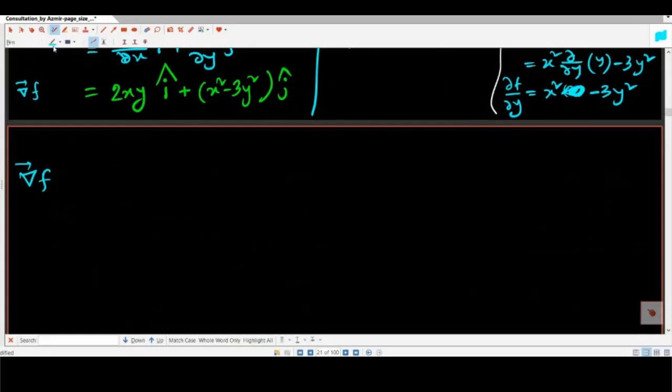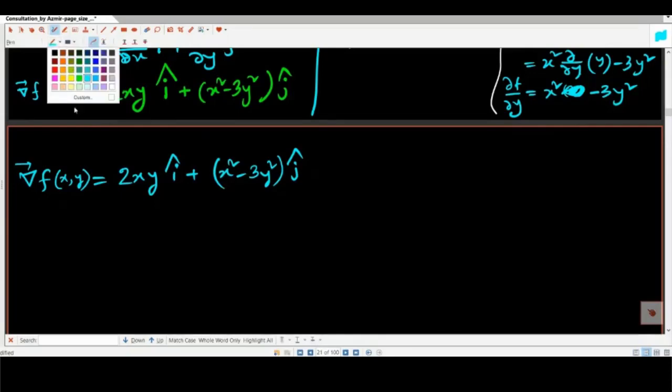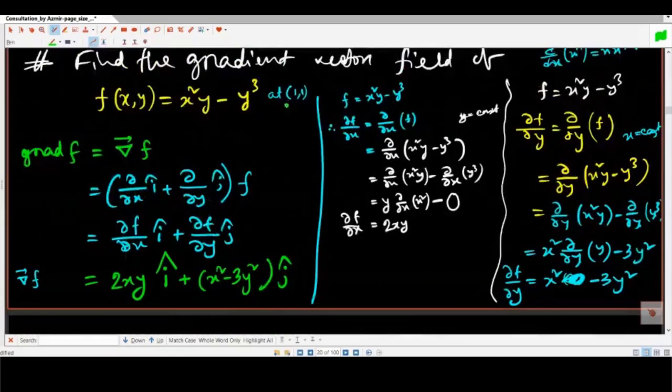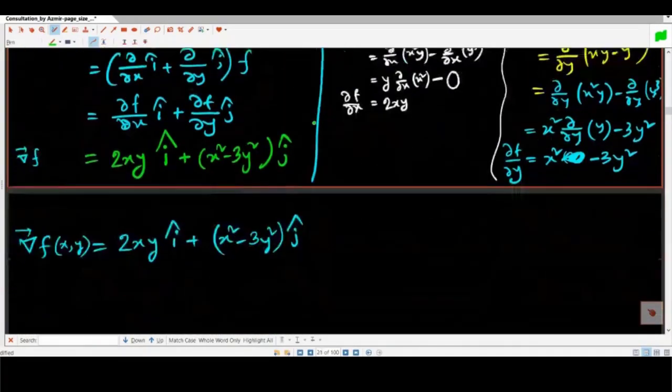We can write this as gradient of f of x comma y equals 2xy i plus x squared minus 3y squared j. So we are going to input x equals 1, y equals 1.